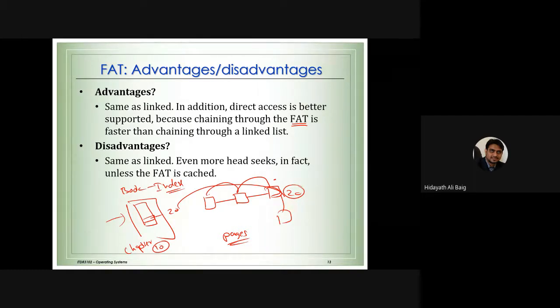I want to read about chapter 10 and I don't have the book index. We know the book index contains the information about the page numbers and the chapters. So if we don't have the book index, can we directly read the information about chapter 10? No, it will take a lot of time because I need to go through all the pages. We need to flip all the pages: chapter 1, chapter 2, chapter 3.